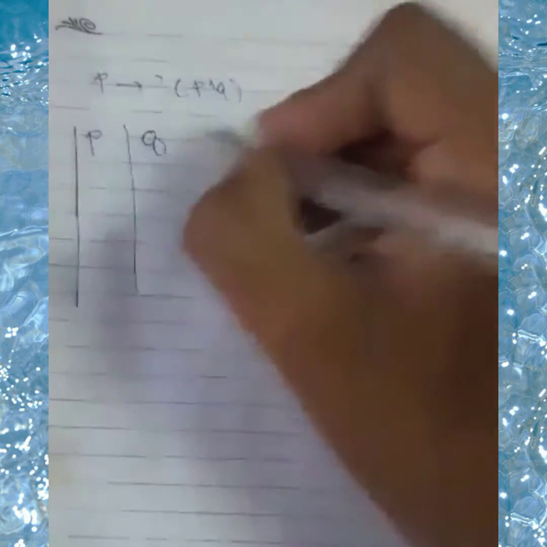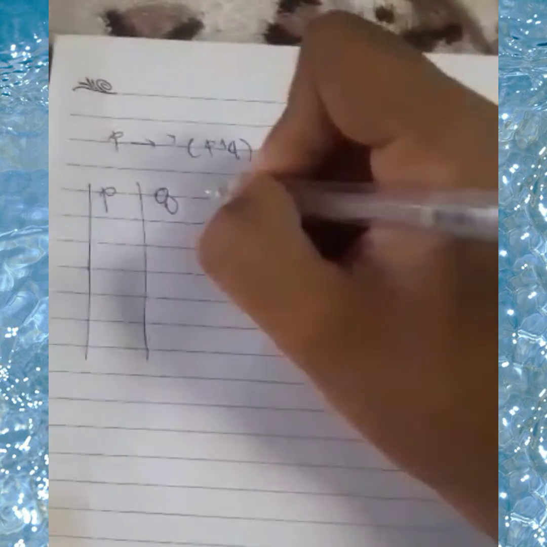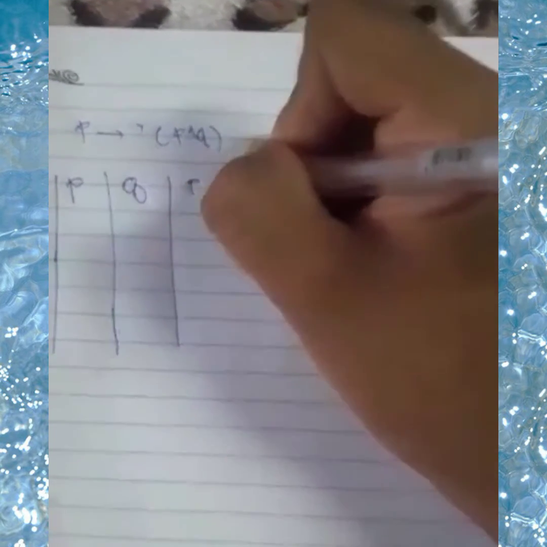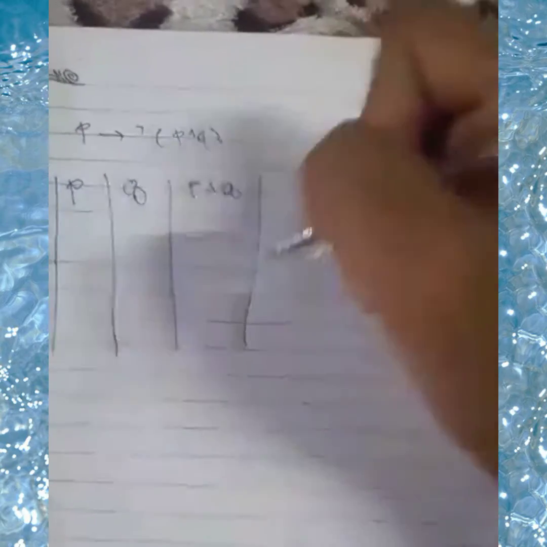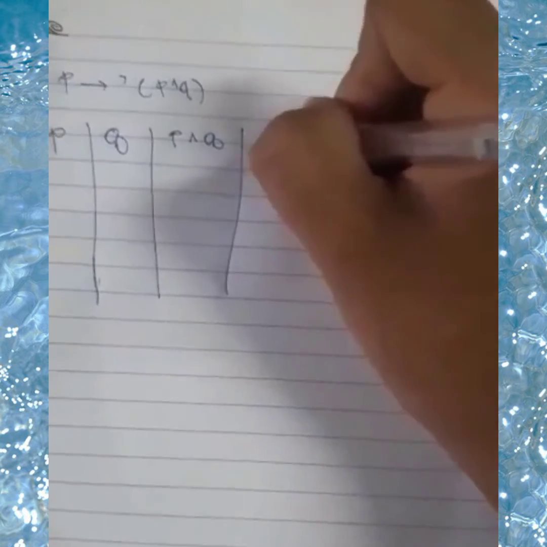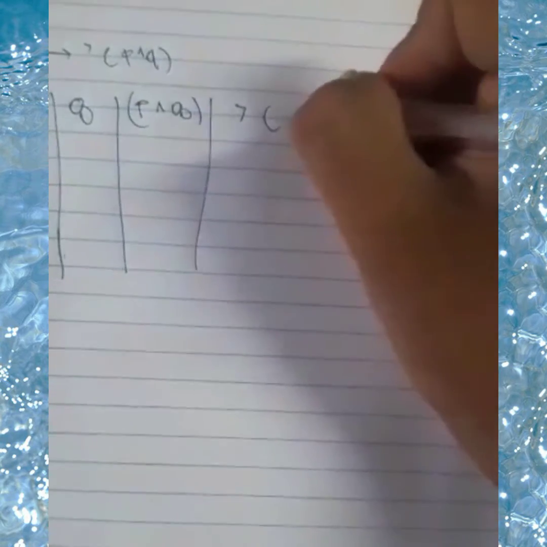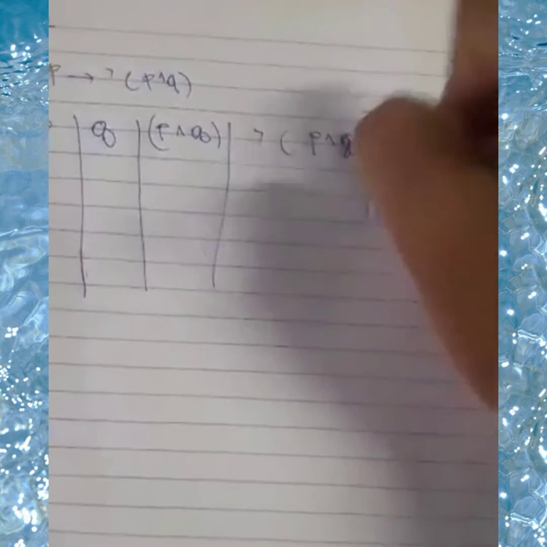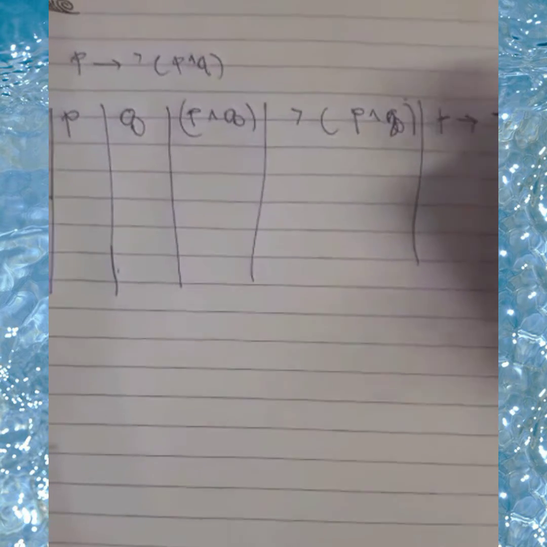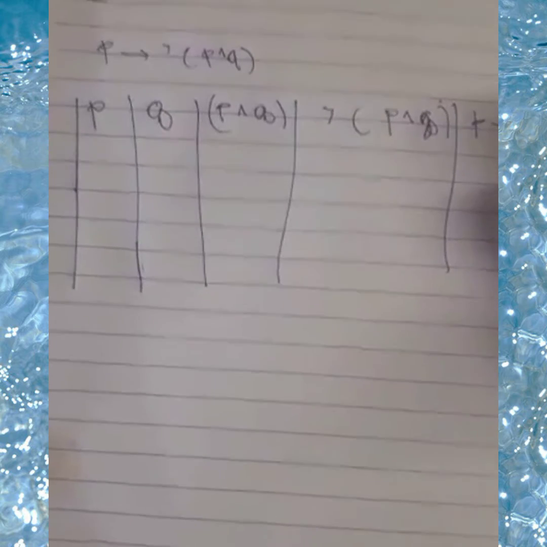And then P and Q, copy the P and Q. And then copy the negation of P and Q. And then copy the whole example: if P, then the negation of P and Q.